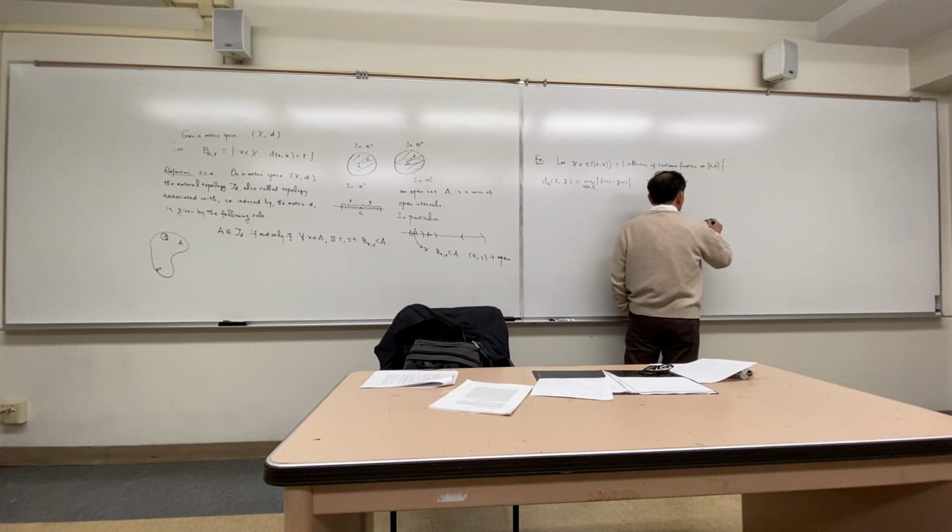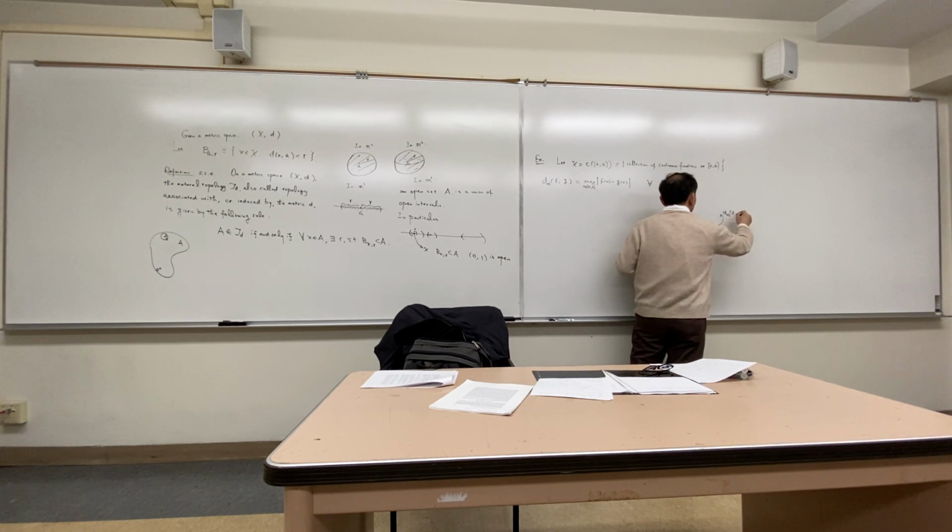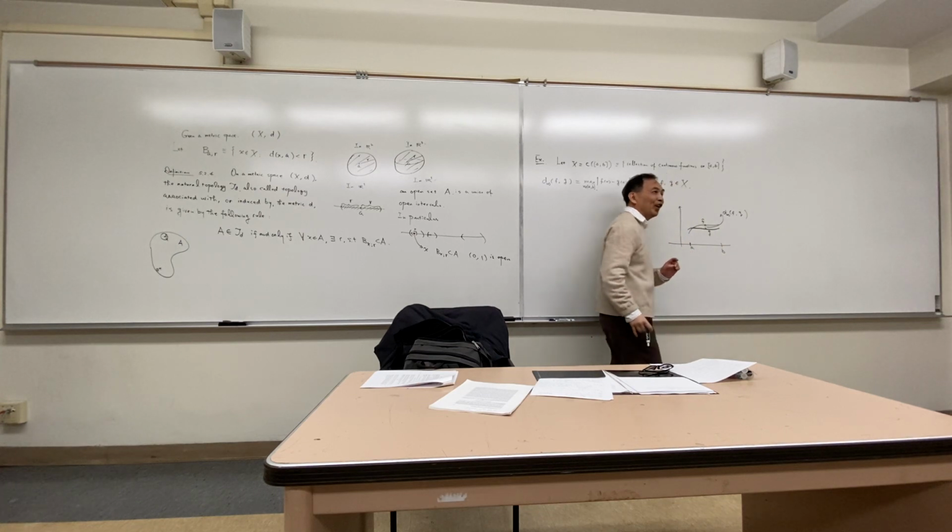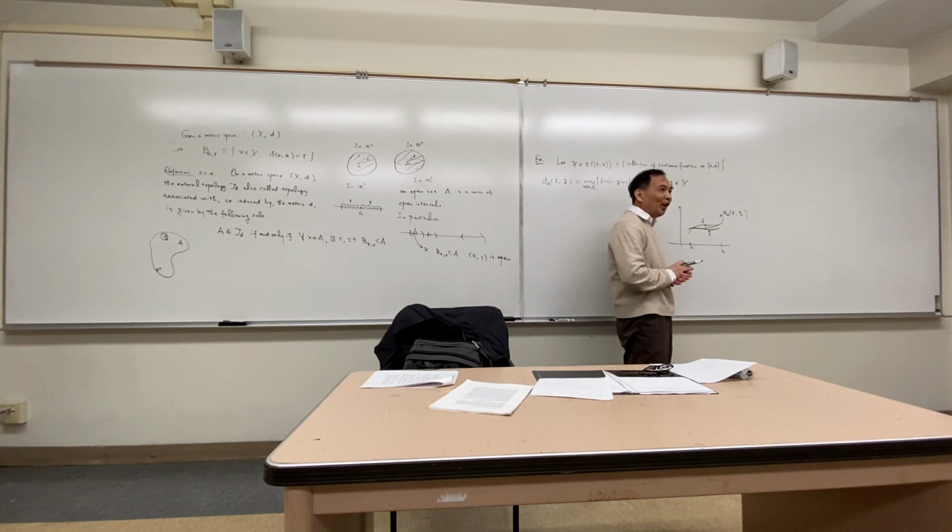If this is f(x), the graph of f, and this is the graph of g(x), then d is the maximum difference between the two. This is d infinity (f,g). We take the difference and then take the maximum difference.